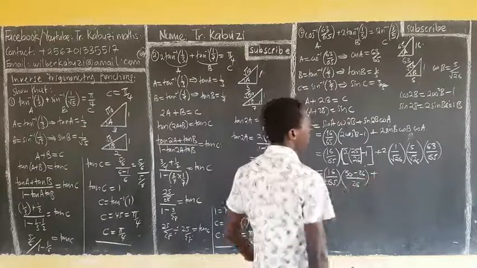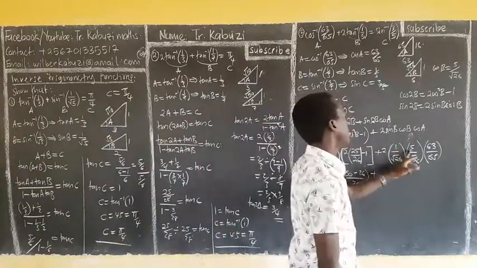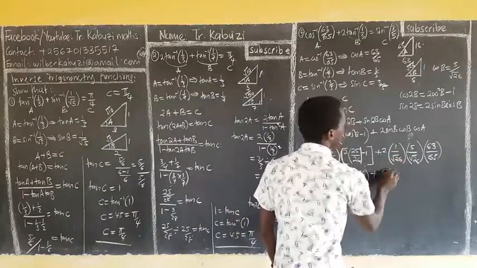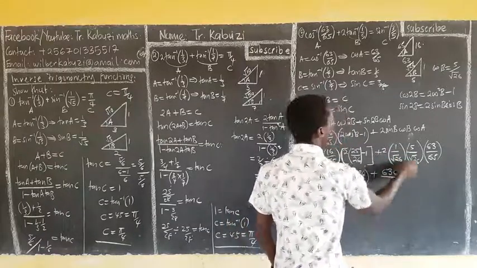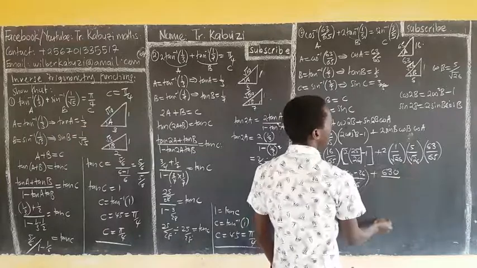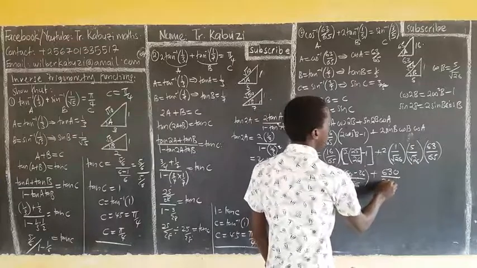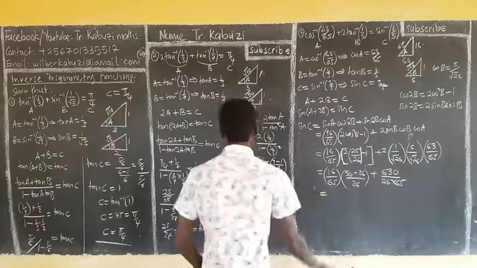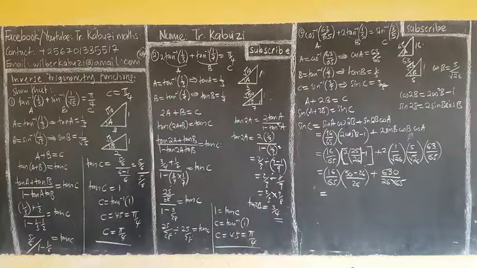Then plus, we shall be having this times this. You can easily get, this is 10 times 63, 630, over, you multiply 26 times 65. And the answer, you get your calculator.